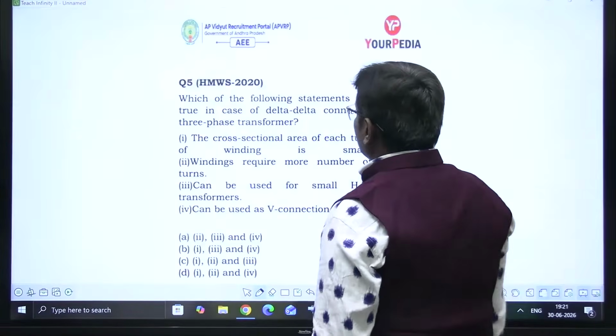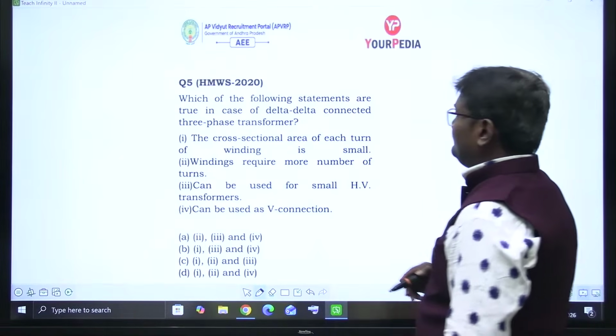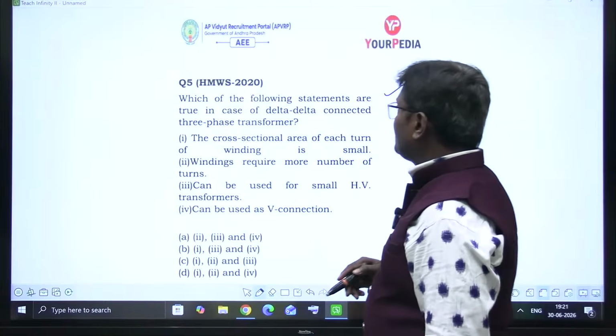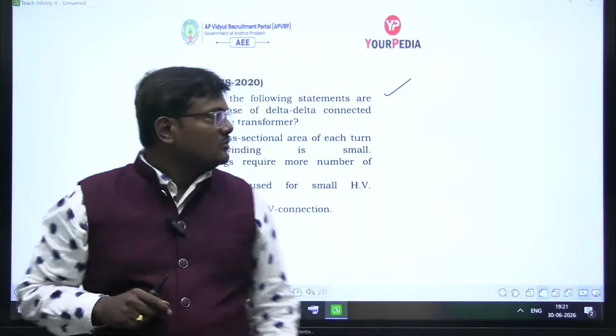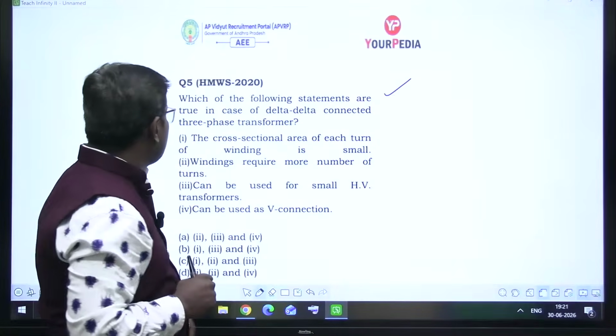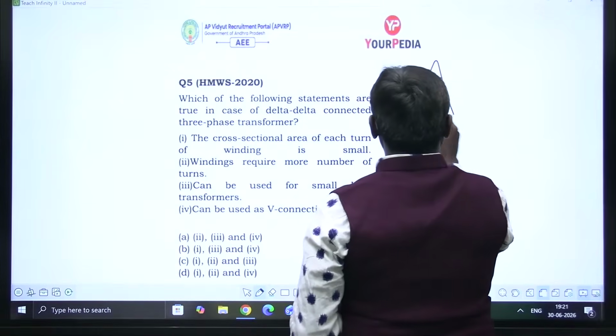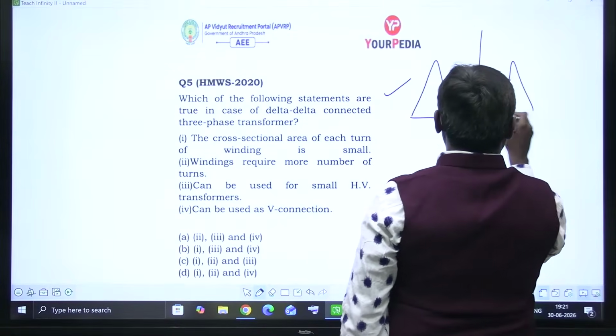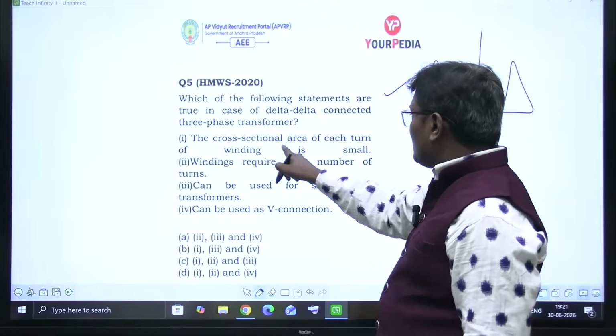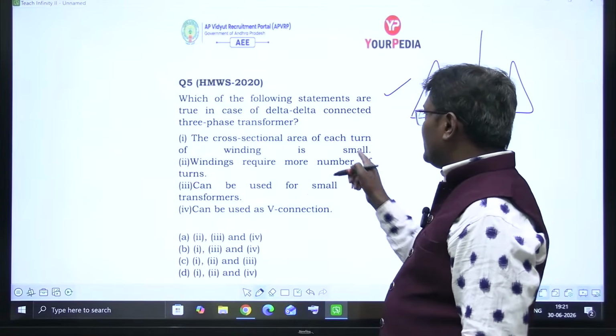And now, which of the following statements are true in case of a delta-delta connected three-phase transformer? So this is a delta-delta connection. The cross-sectional area of each turn of the winding is small.